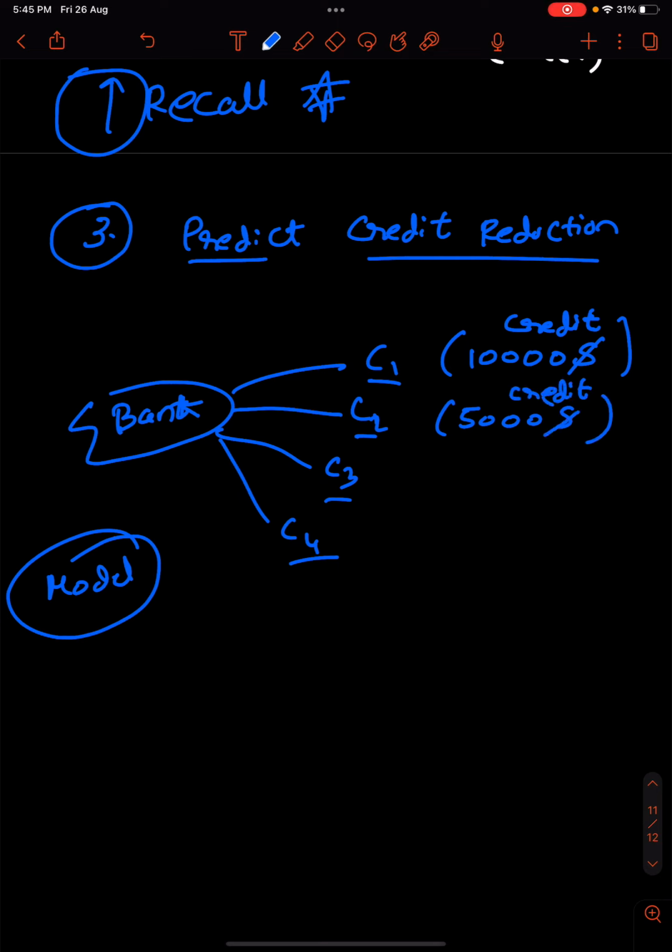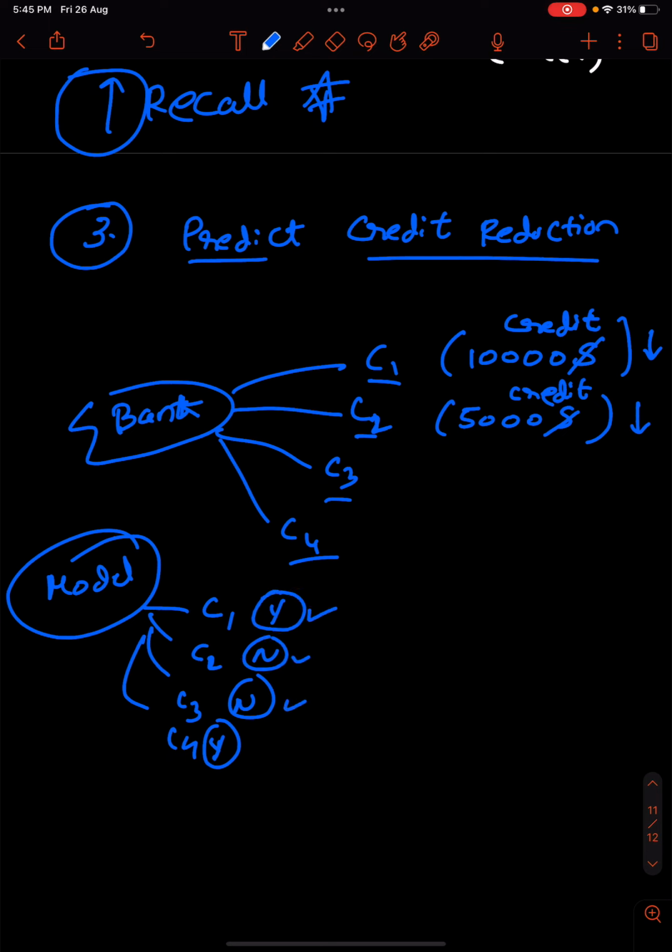Now the bank wants to decide if it can reduce the credit for this person. So it's basically a classification model. For customer 1, yes; for customer 2, no; for customer 3, no; for customer 4, yes. This is what the prediction of the model would be.